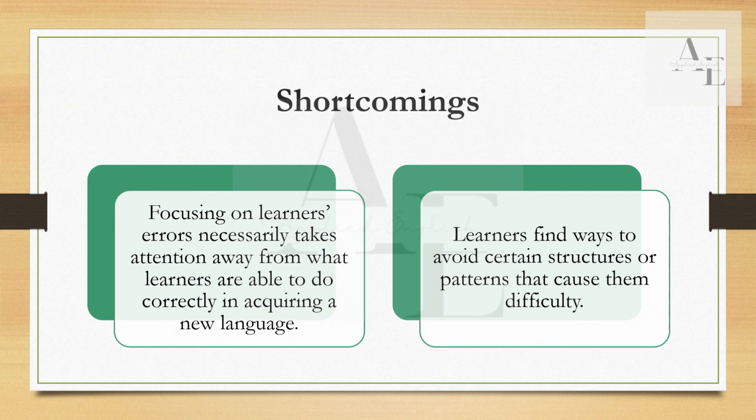Also, learners find ways to avoid certain structures or patterns that cause them difficulty. So what do I mean by that? Let's suppose that I have difficulty with a certain structure, or I have difficulty in writing a certain word. So I avoid the structures or patterns that are hard for me.